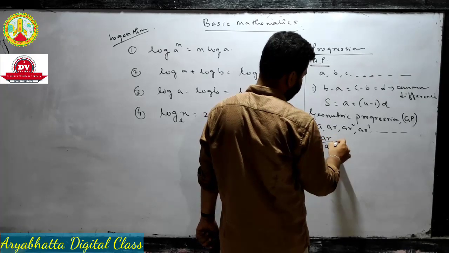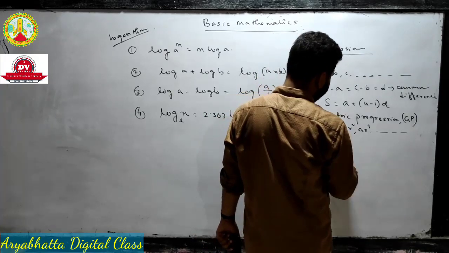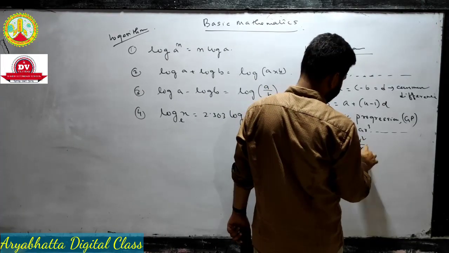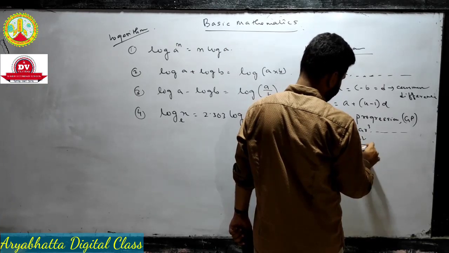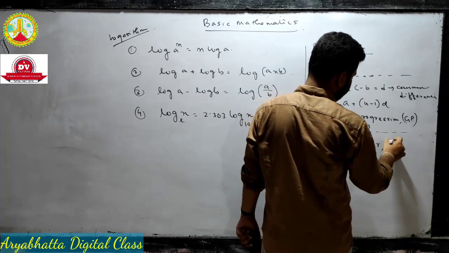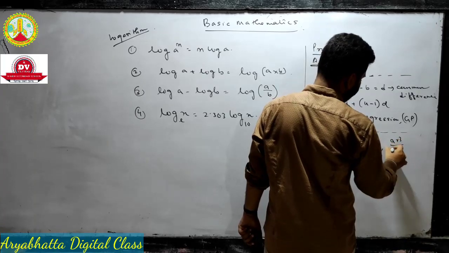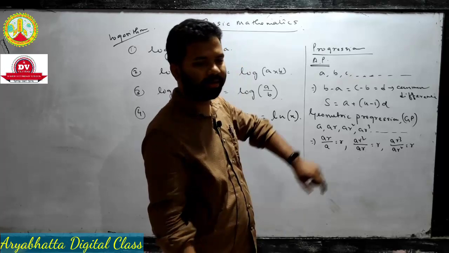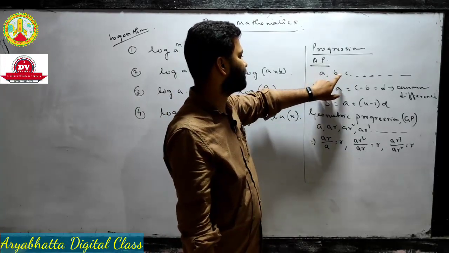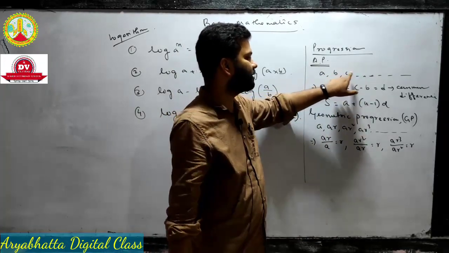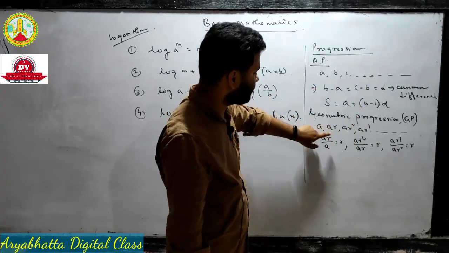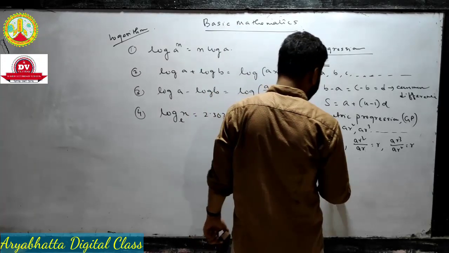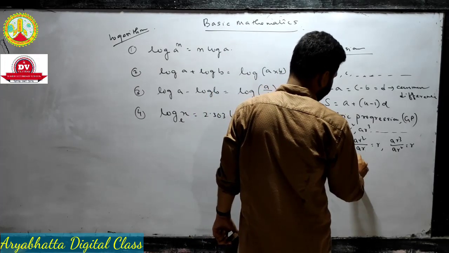AR by A is equal to R. What is this by this? AR square by AR is equal to R. What is the another one? AR cube by AR square, so R. Okay, so here what was equal? The difference. Here the ratios are equal. So R is known as here common ratio.